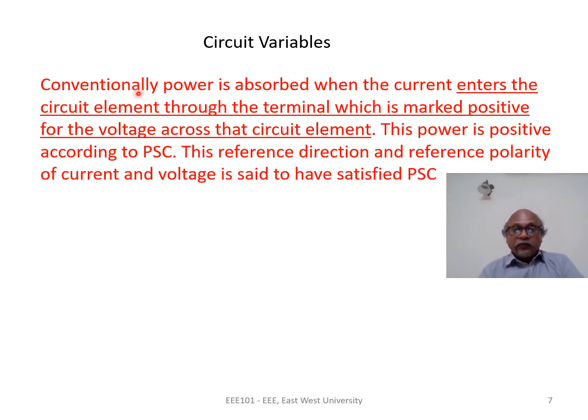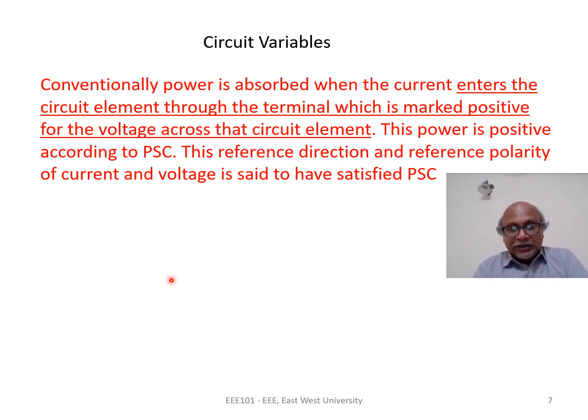Conventionally, power is absorbed when the current enters the circuit element through the terminal which is marked positive for the voltage of the circuit element. To calculate power, we need to know the voltage, that means the value and the reference polarity of the voltage. We also need to know the current, that means the value and the reference direction of the current.